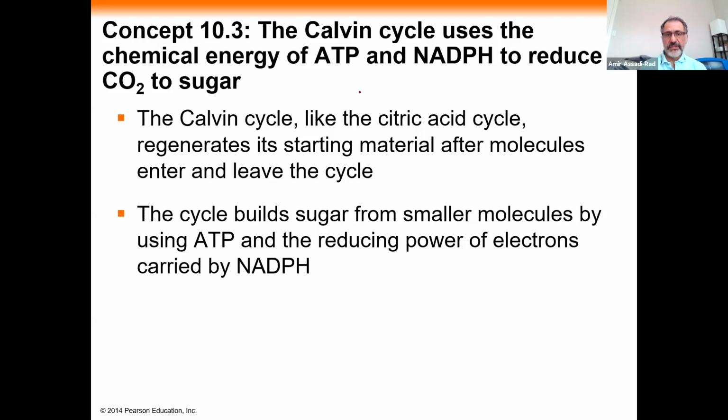The cycle builds sugar from smaller molecules. So as I said before, in biology, anytime you want to put molecules together, you need ATP, you need energy. So in this case, already inside of the chloroplast, a 3-carbon molecule exists. That's why the most common type of photosynthesis is called C3, because these 3 carbons already exist.